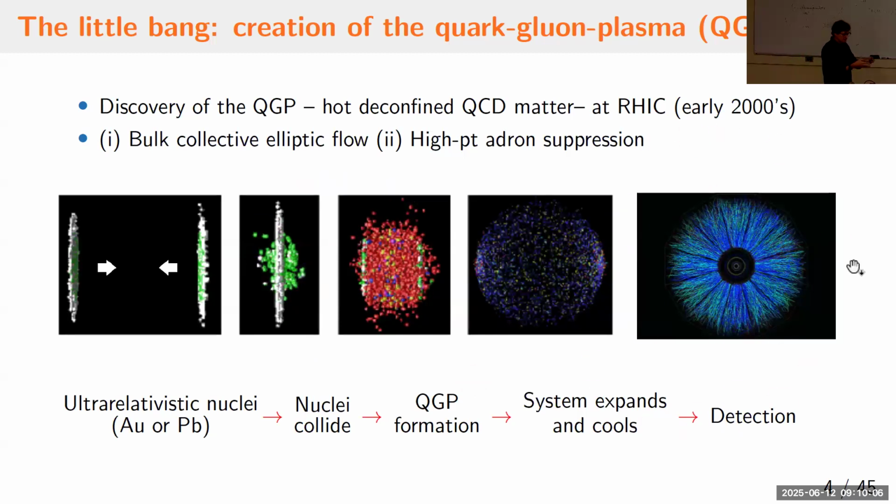Basically they behave collectively, which reflects the fact that there are strong final state interactions. The second part, which will be the subject of this lecture, is the quenching or suppression of energetic particles in the final state, which is also a reflection of the fact that we have produced this hot, dense QCD matter.